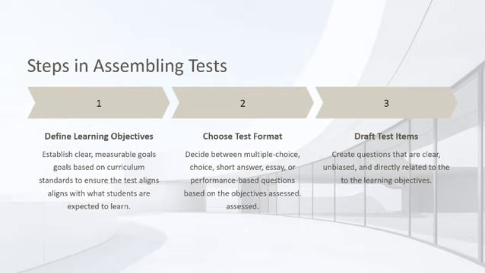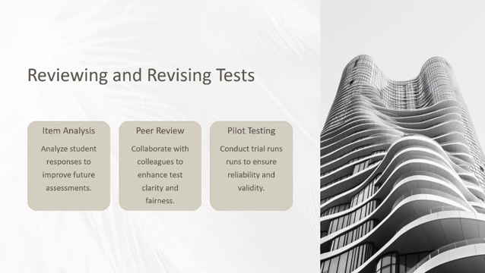Then we can draft the test items by creating the questions that are clear, unbiased, having no ambiguity, and directly related to the learning objectives. Next, we can review and revise the tests. This includes item analysis.